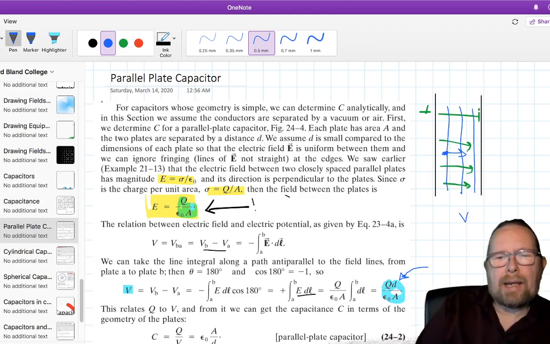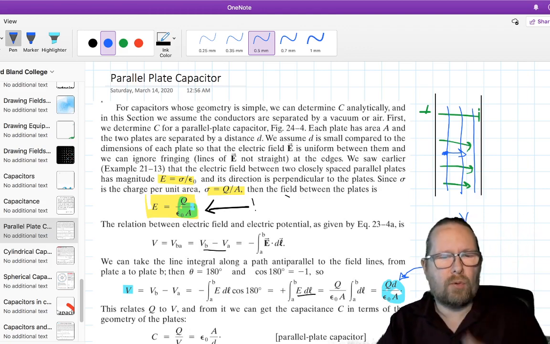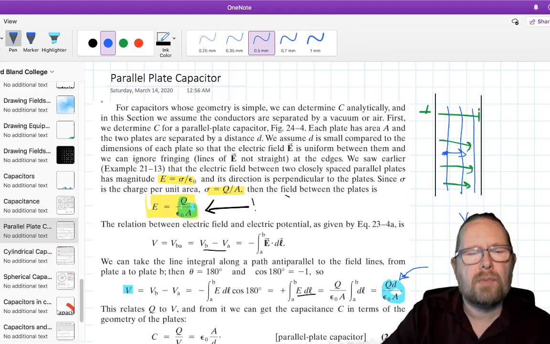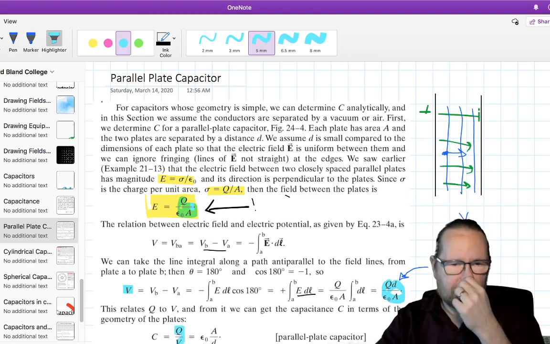If we look back at the previous page where we had an expression for the capacitance as the charge stored in the plate divided by the potential difference.